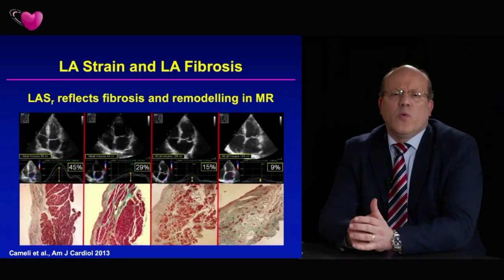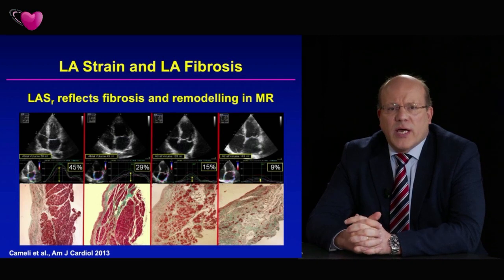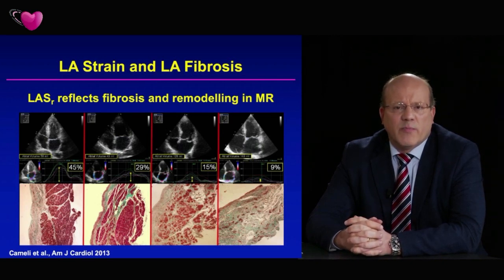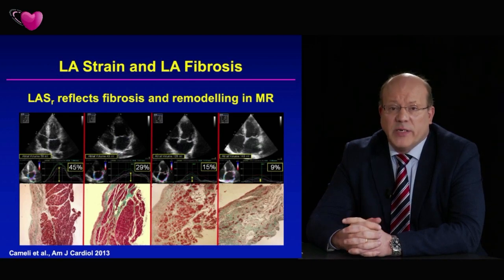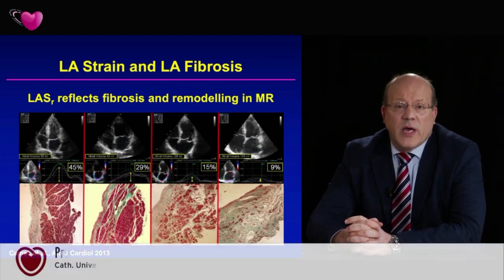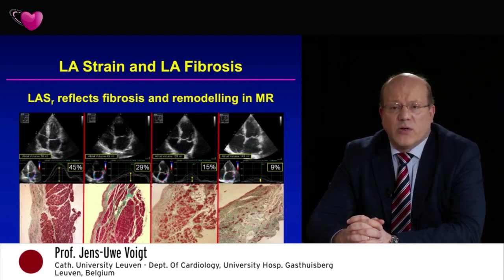If we continue with studies, then we should mention this paper, which has compared the fibrosis quantified by biopsy to strain values. And also here they found a correlation between the strain values, and that was the peak strain, so the reservoir strain, and the fibrosis degree according to histology.